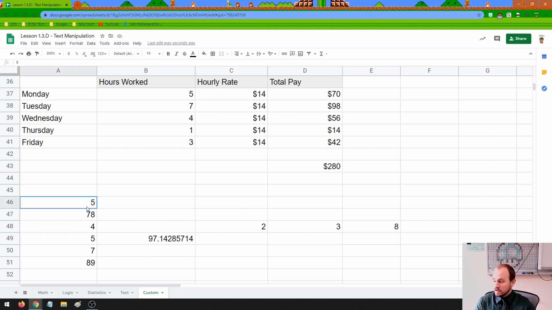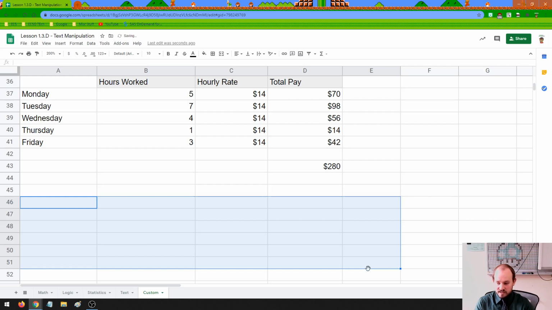So we have a lot of capabilities and tricks and customizations and things like that that we can start plugging into spreadsheets. And again, we're going to be tackling these different types of challenges. Part of it's going to be like a word problem, and the other part is going to be actually applying the mathematics to it.